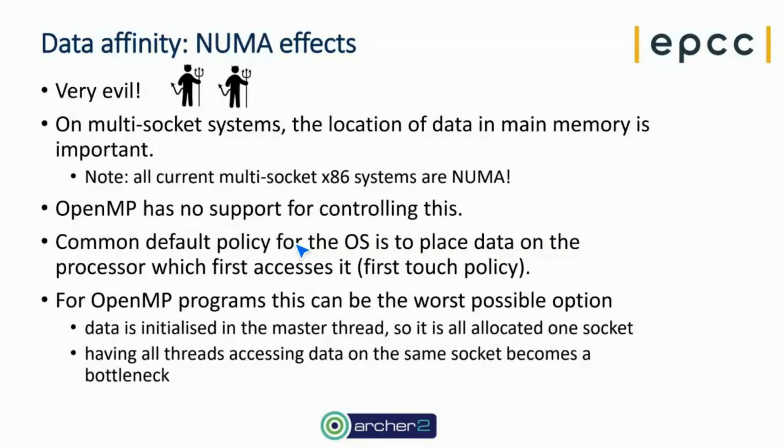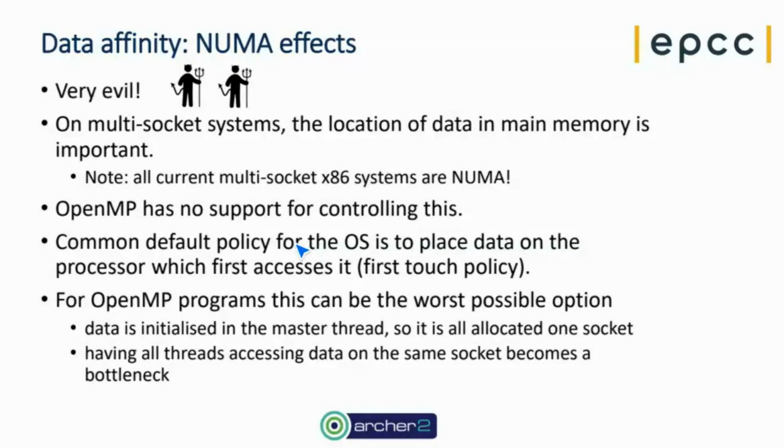It's a very sensible policy for sequential code. It's a very sensible policy for MPI applications where every process has its own data, so you want the data allocated where the MPI process is running.